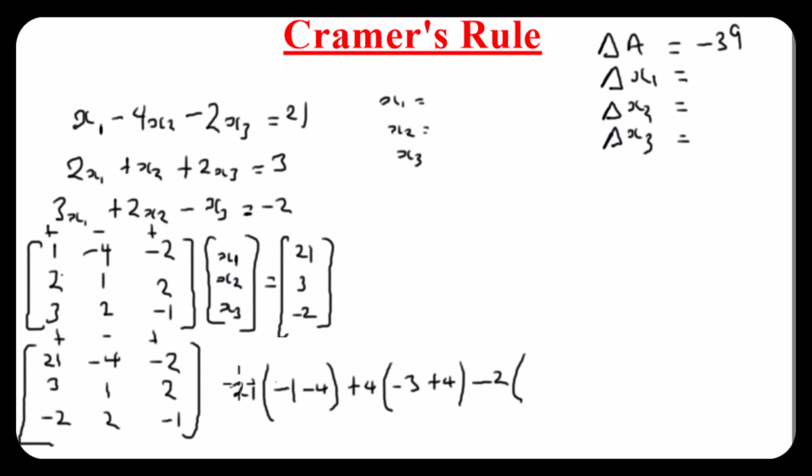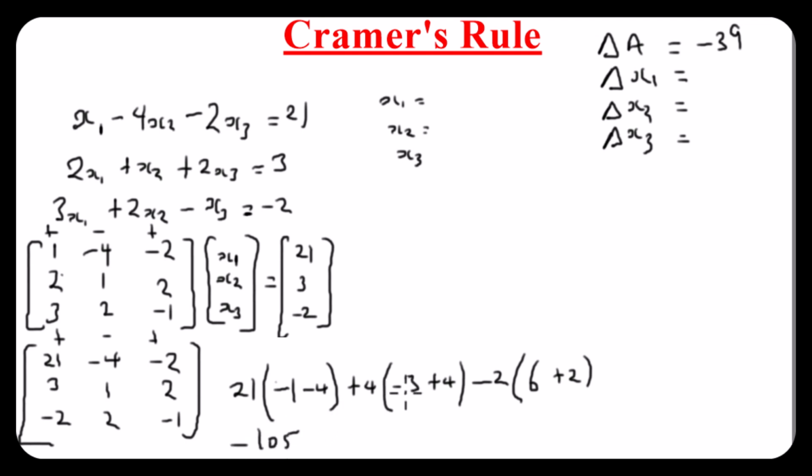Okay, so doing this, what do I have? Strike this. So 3 times 2, that's 6. 2 times minus 2 times 1, that's minus 2. So 6 minus minus 2, that's 6 plus 2. Okay, so here we have negative 1 times negative 1 minus 4, that's negative 5 times 21. So that would be negative 105.